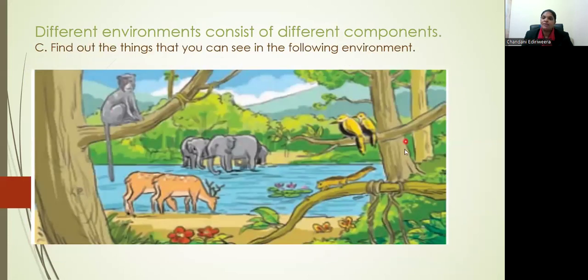When you look at this very nice environment here, it's like a forest here, that the monkey, a tree here, and that the deer, elephant, birds, flowers, and there are some aquatic plants as well, which are growing in water, and the water body you can see, and also the land, the soil you can see.